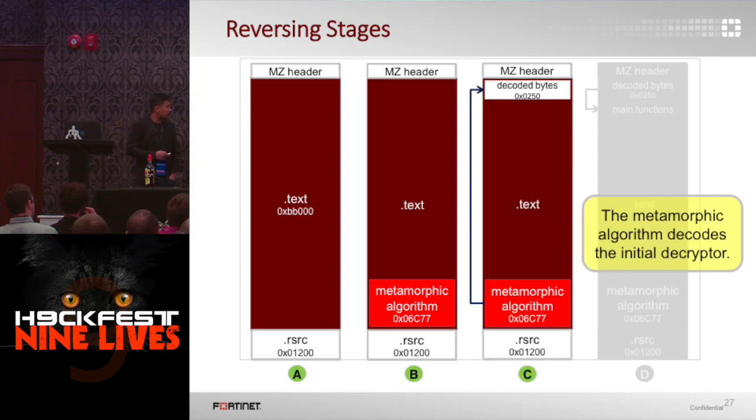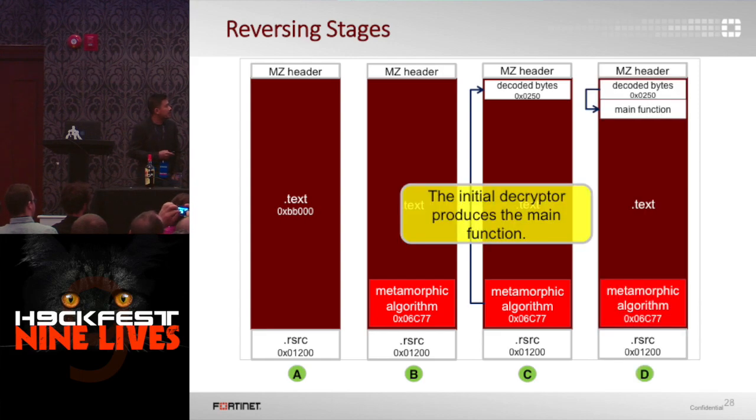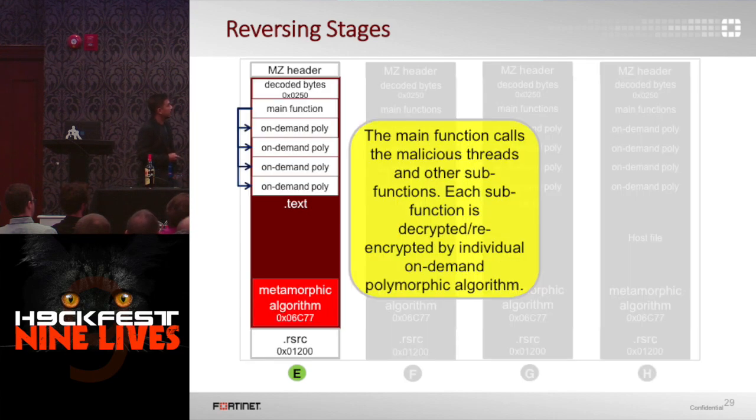When it runs the Metamorphic algorithm, it generates this particular decoded bytes. After generating the decoded bytes, it generates the main function. And then with the main function, it produces what I call on-demand polymorphic. Why do we call it on-demand polymorphic? Because every time it runs, it decrypts itself with the original key, and after executing that particular code, it encrypts back with a different key.